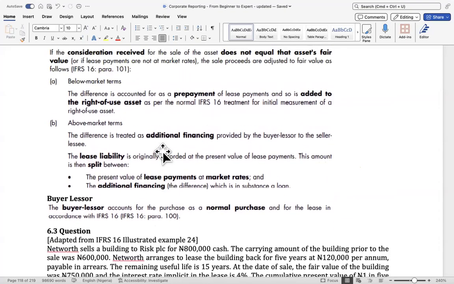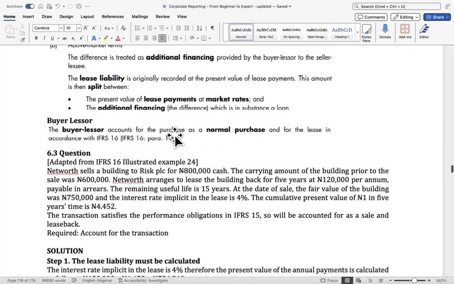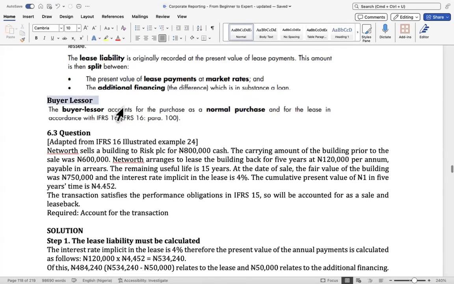And you would enjoy it better as soon as I show you some questions to address this. But there's another party called buyer lessor. I'm not spending any time on this one because I will not really focus on a buyer lessor, because as far as the buyer lessor is concerned, somebody sold an asset to him.